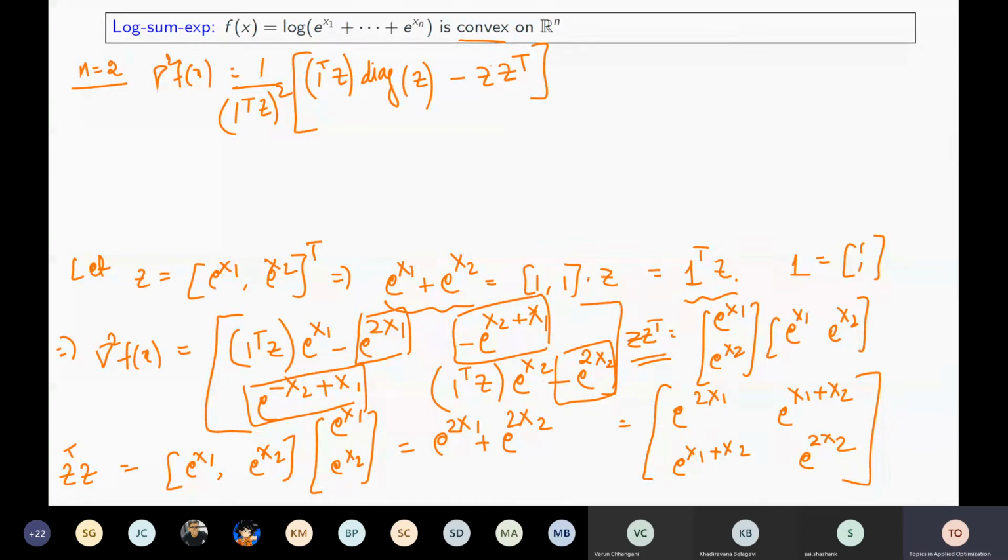Sir, the non-diagonal terms of the Hessian, couldn't they be simplified further? If I expanded it, e^x1 plus e^x2 multiplied by e^x1 minus e^(2x1), doesn't it simplify further into e^(x1+x2), and don't those terms cancel out?